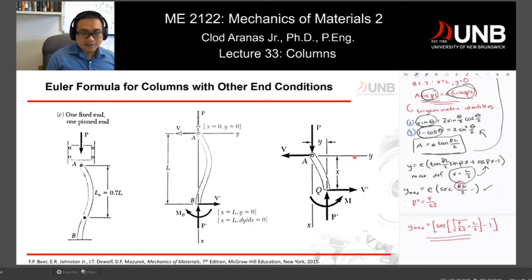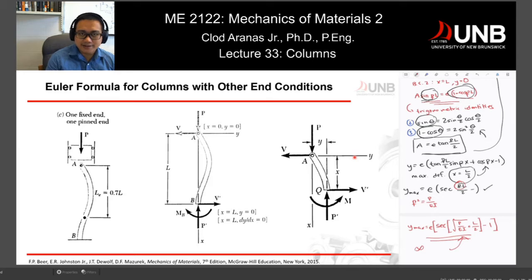Now, using this equation, sorry, I forgot E in front. Should be E. So if you analyze this particular equation, you can see that this equation will become infinity if this part over here is equal to infinity.